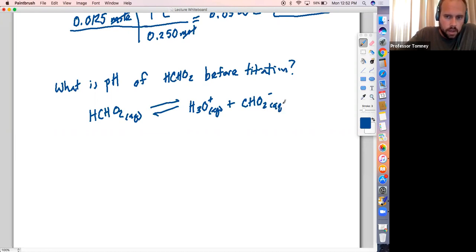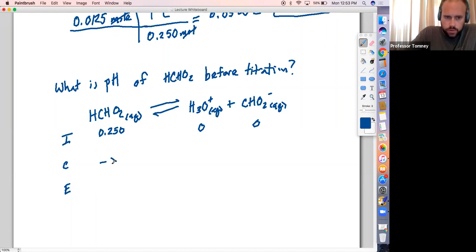All right. So we set up ICE for this. We've got an initial concentration of 0.250 for the formic acid, and it's obviously 0 and 0 over here at the starting point.